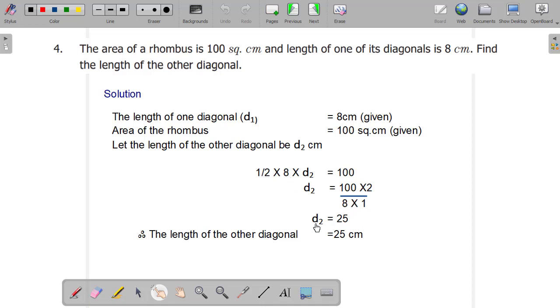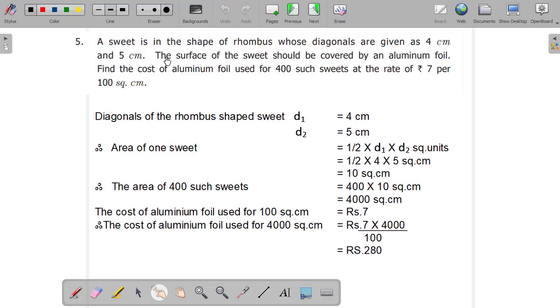Then if we simplify, you will get 1 2s are 2, 4 2s are 8, again 1 4s are 4, 25 4s are 100. So D2 is 25. Therefore, the length of the other diagonal is equal to 25 centimeter.